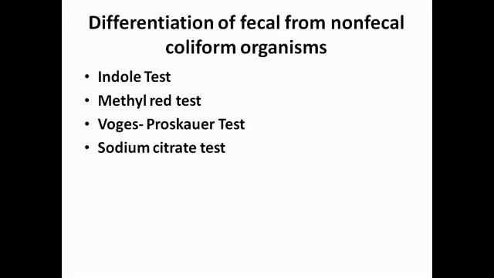So the principle of the next test is the Voges-Proskauer test. This test detects the production of acetyl methyl carbinol, acetoin, from pyruvic acid, the penultimate product of 2,3-butanediol fermentation. The medium used for the test is glucose phosphate broth, the same as the methyl red test.